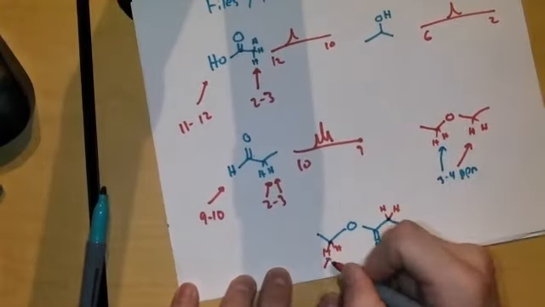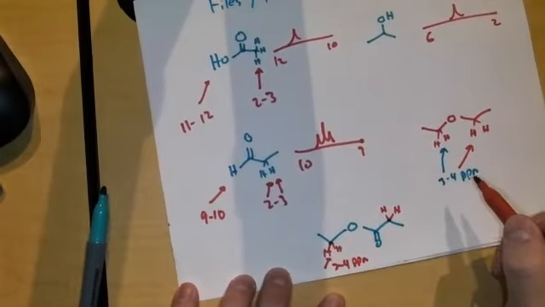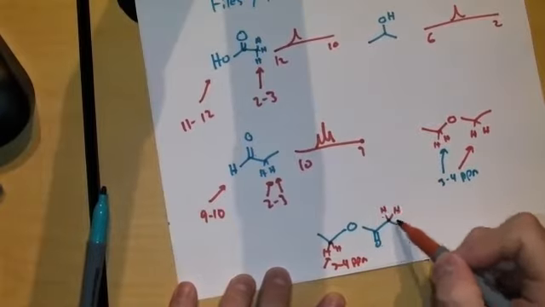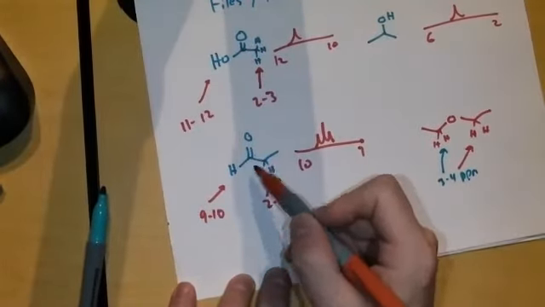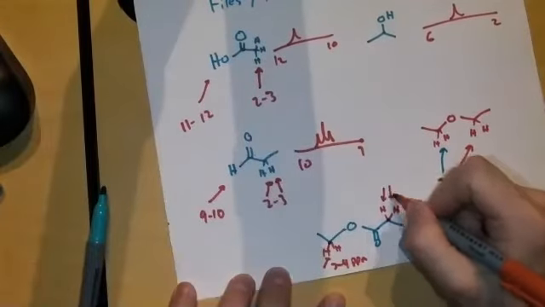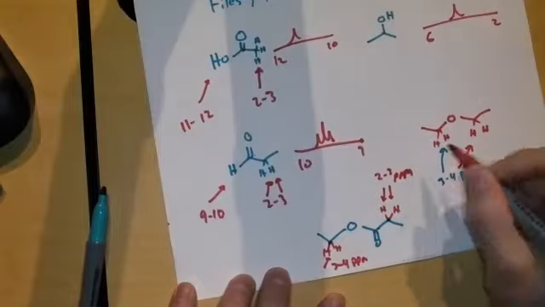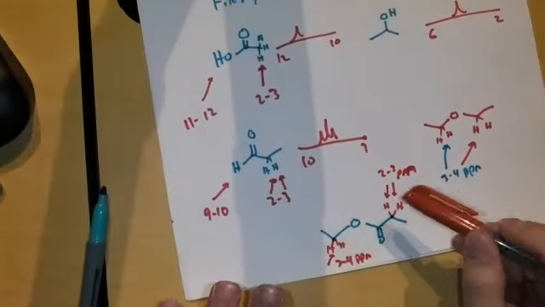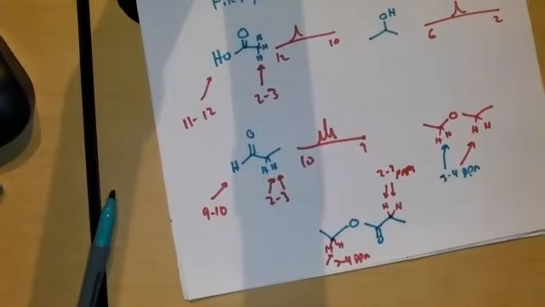So these H's are going to show up in that same 3 to 4 range. Versus your other side, your right side here, you're attached to a carbonyl, which is the same thing you have over here. So these are going to show up in the 2 to 3 range. So an ester is basically just these two concepts squished together.